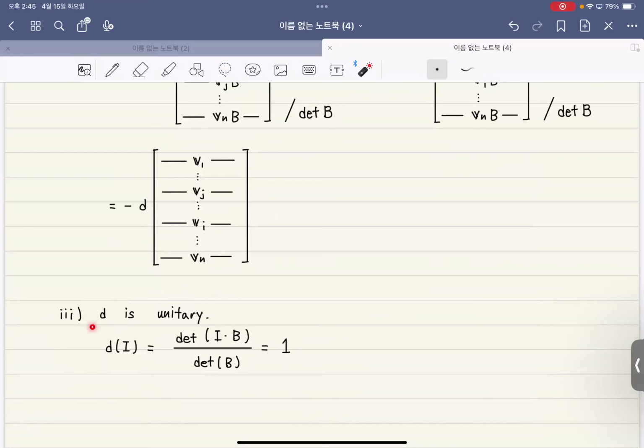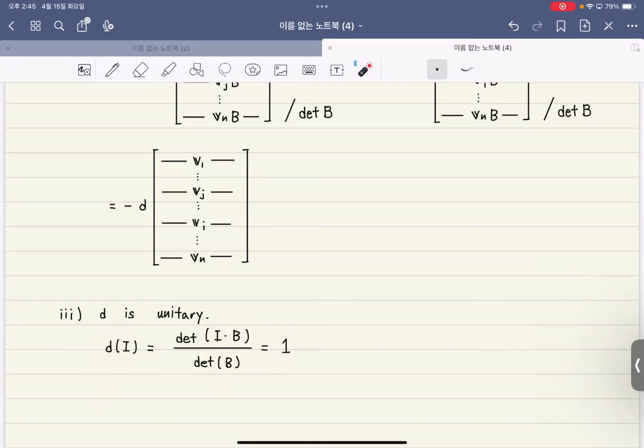To show that D is unitary, I need to see that if I plug the identity matrix into the function D, the result has to be 1. Because of the definition, D of I is determinant of I times B divided by determinant of B. But I times any matrix is that matrix, so I times B is B. Therefore it is determinant of B divided by determinant of B, which is 1. So D is unitary.